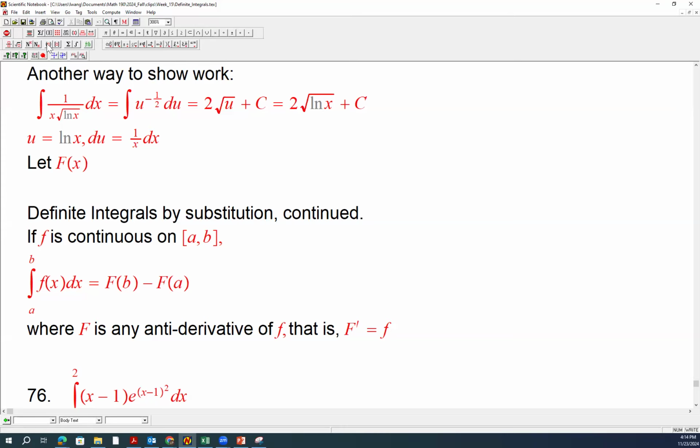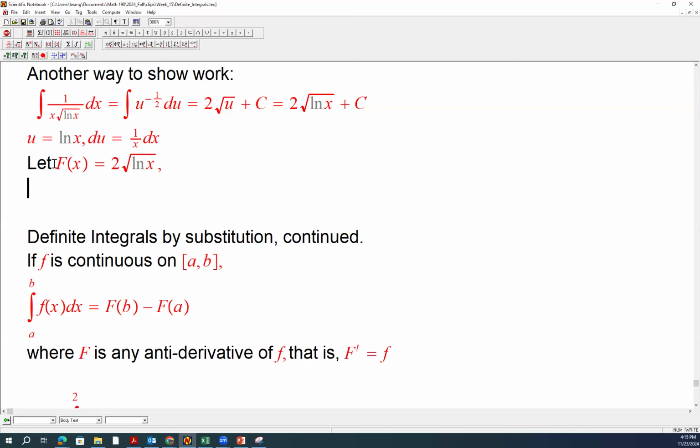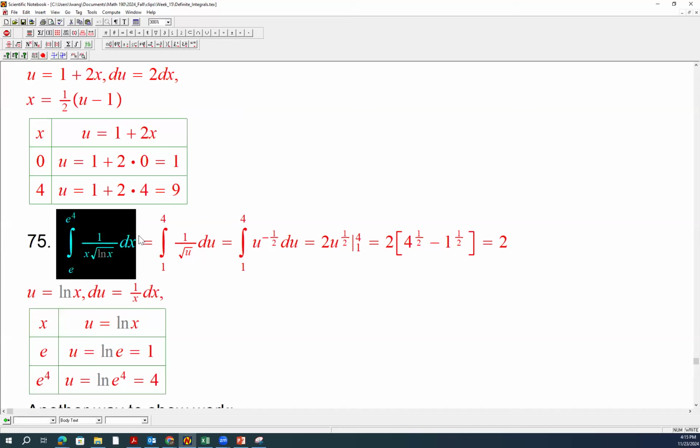of x equal to, if we just need to choose one, I'm going to choose one by letting c equal 0. Then we're going to do F of capital B minus F of capital A. And you can also write it this way.